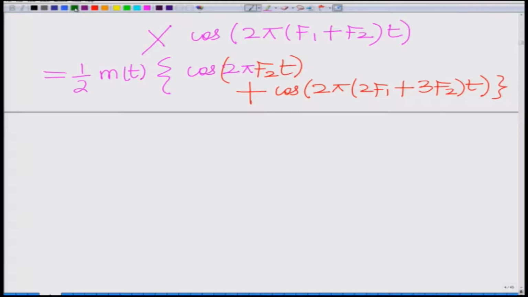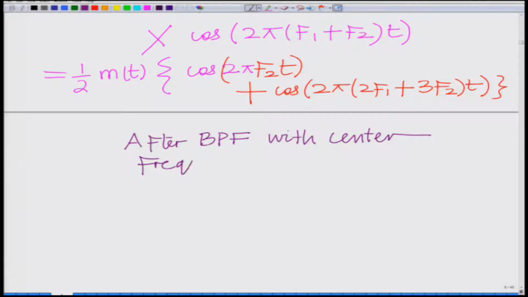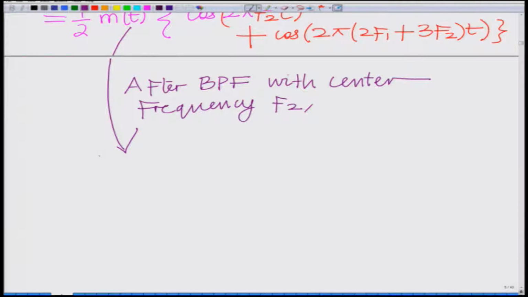So, after band pass filtering with center frequency f2, what we obtain is half m(t) cosine 2 pi f2 t.